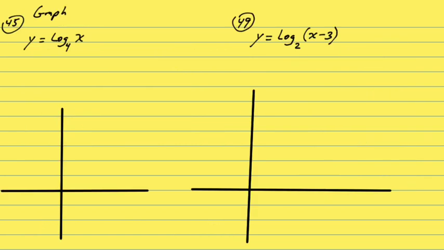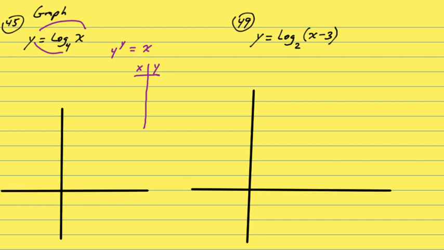Okay, the last group of problems I think wants us to graph it. I usually recommend you change it to exponential, which would be in this case 4 to the y equals x. You are very used to making an xy table and choosing x values. Now I'm going to suggest you choose y values.